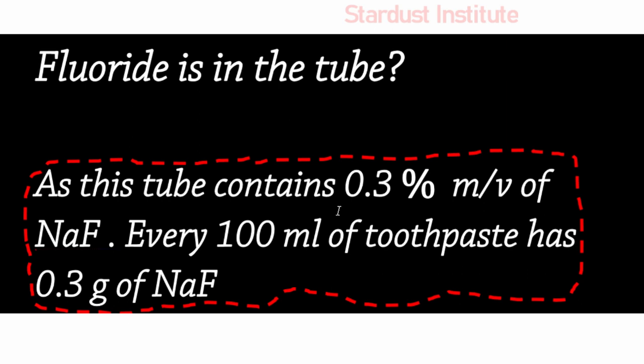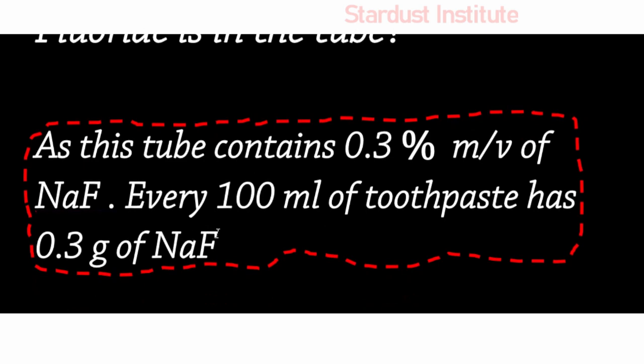As this tube contains 0.3% mass by volume of sodium chloride, every 100 milliliter of toothpaste has 0.3 grams of sodium chloride.